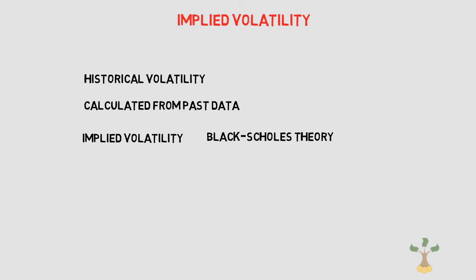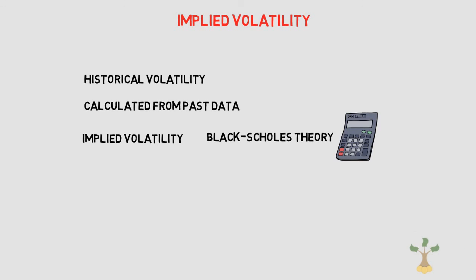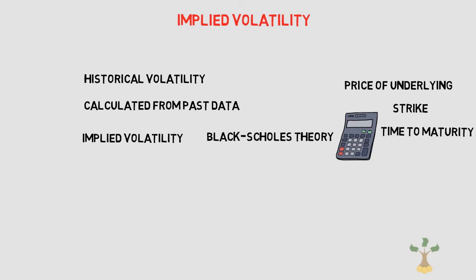Of course, we will not delve into this formula in detail, but what we can say at this point is that the price of an option depends on 5 input parameters. These are the price of the underlying asset, for example stock, the strike, the time till the option matures, the interest rate, and the volatility of the underlying. So the volatility is an input parameter for the option price.